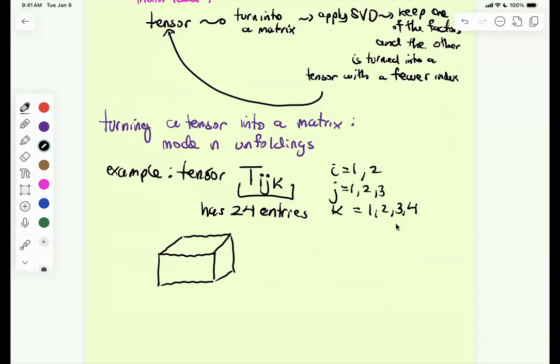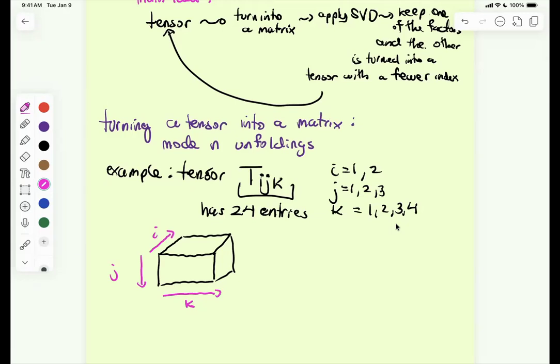But imagine there's a front face and a back face. That would be my I. And J and K will be the row and the column. J goes down in this direction, K will move to the right, and I will go in this way.